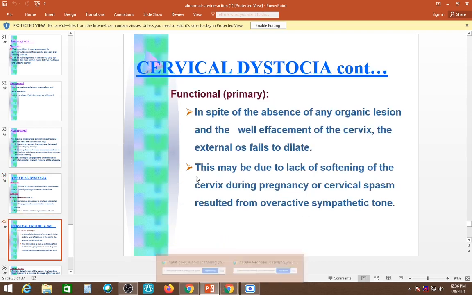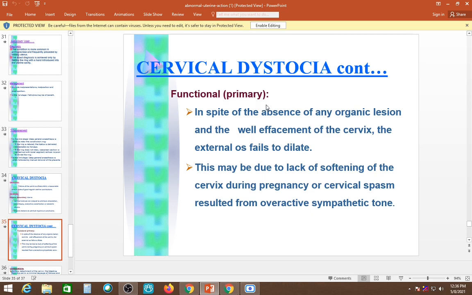Then the functional or primary type. In the primary, in spite of the absence of any organic lesion related to the cervix, and with good effacement of the cervix, the external os fails to dilate.